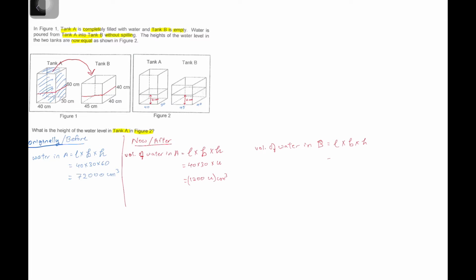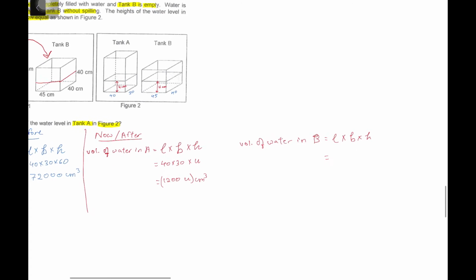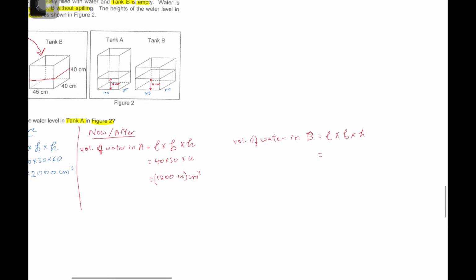Now writing the formula is optional, but I would highly advise you write it so that you don't make any careless mistakes. So the length is 45 times the breadth, which is 40 times U, which gives us 1800 U cubic centimeters.